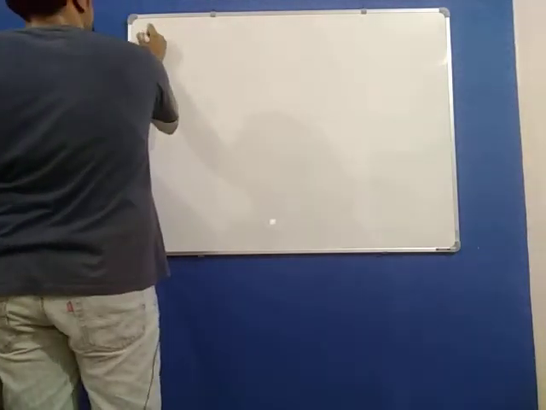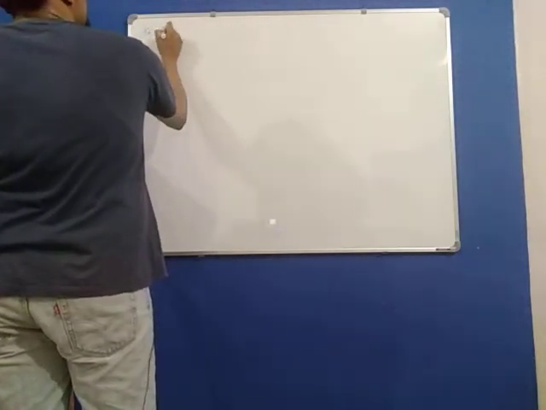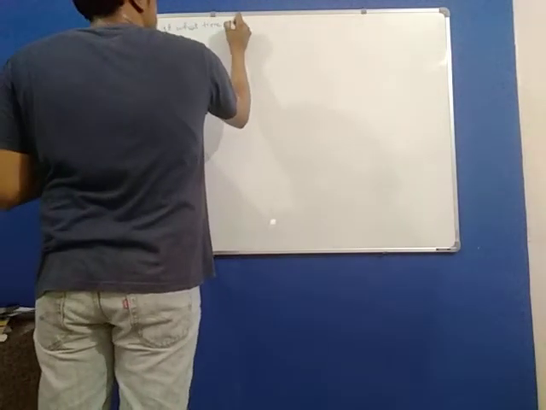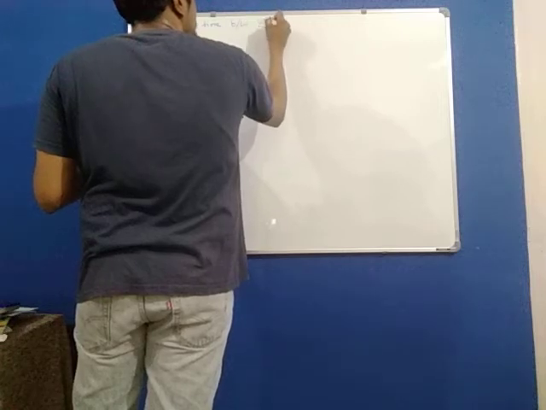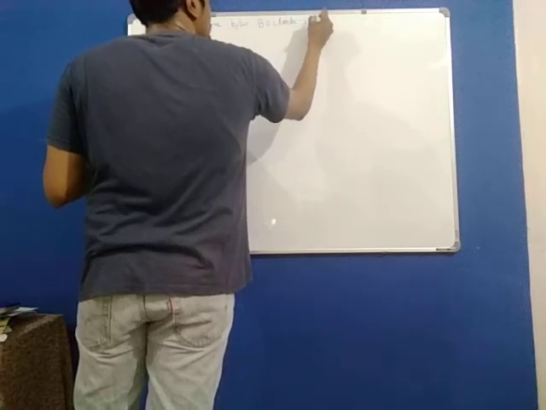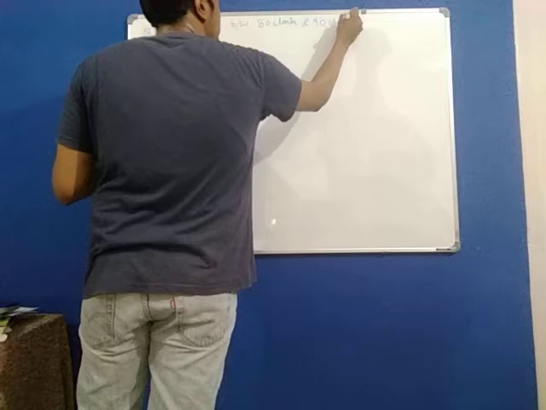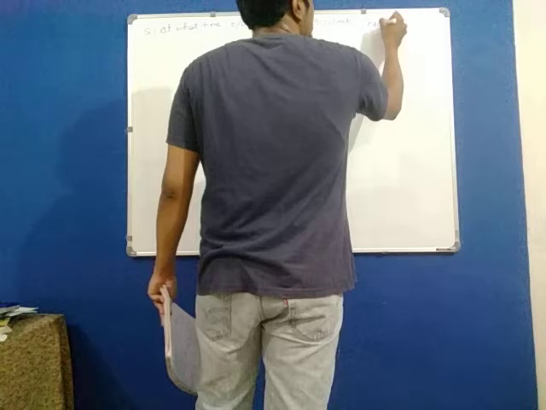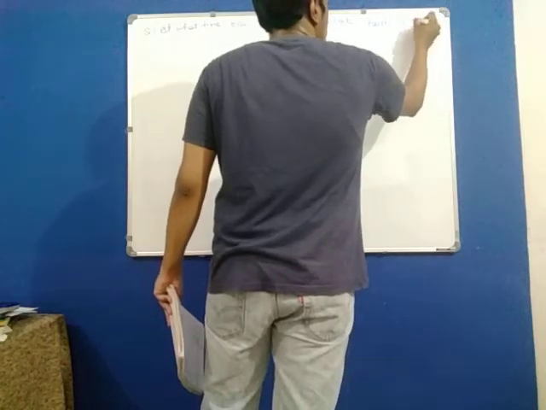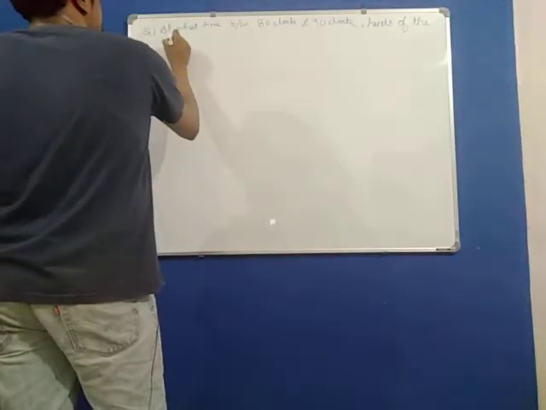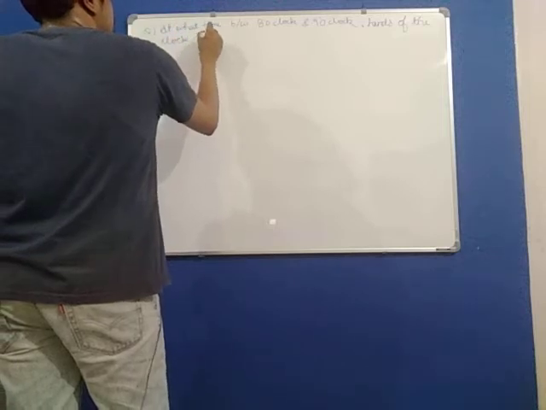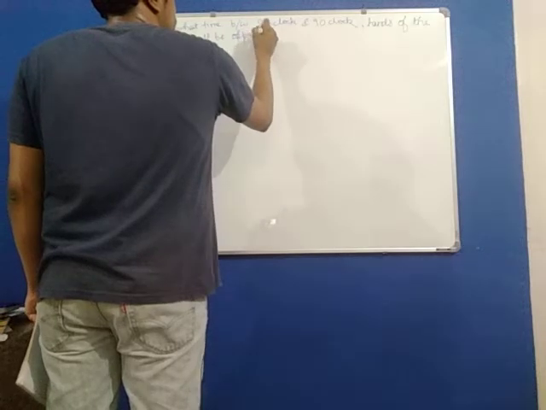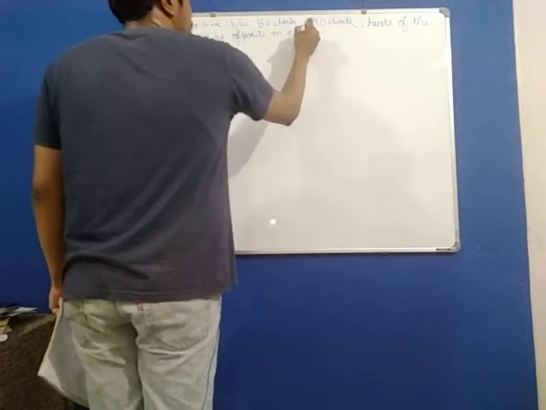So the question is that at what time between 8 o'clock and 9 o'clock the hands of the clock will be opposite to each other.